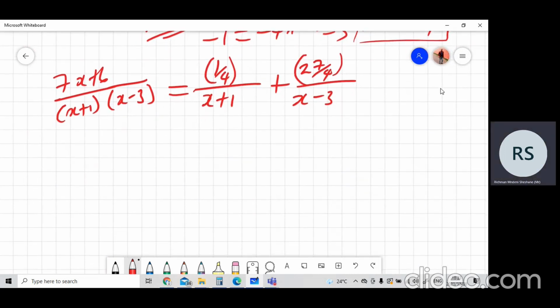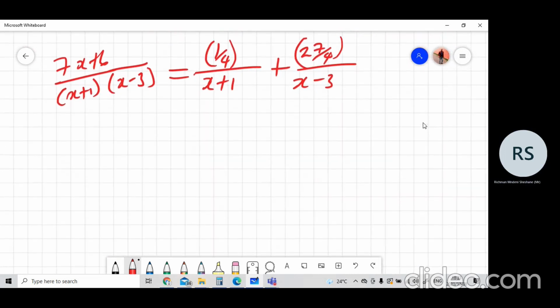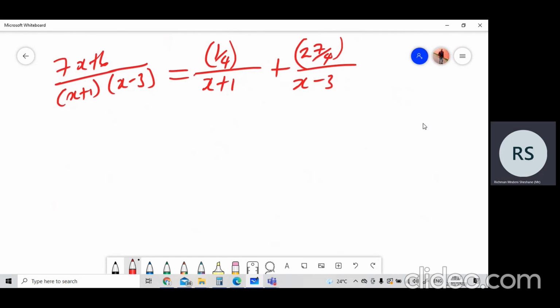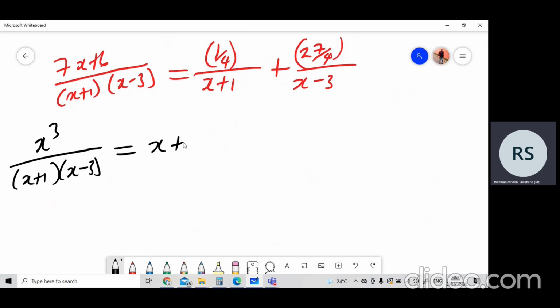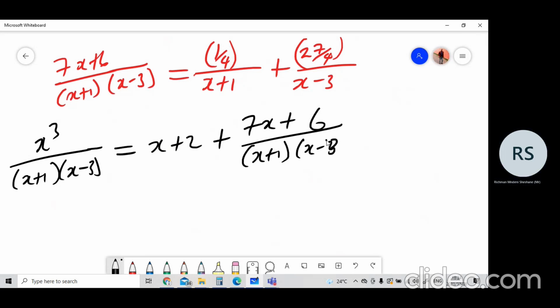Let me rewrite this. We said x to the power of 3 over x plus 1, x minus 3. After long division, this was x plus 2 plus 7x plus 6 over x plus 1 and x minus 3.